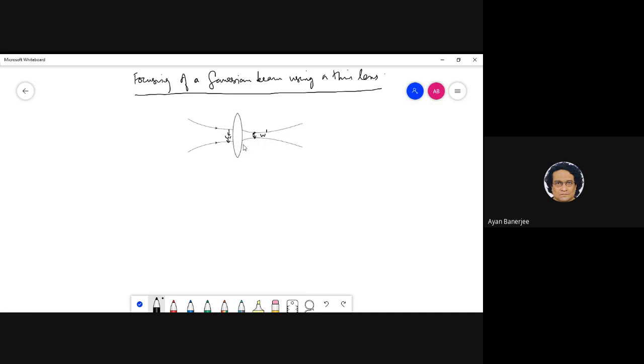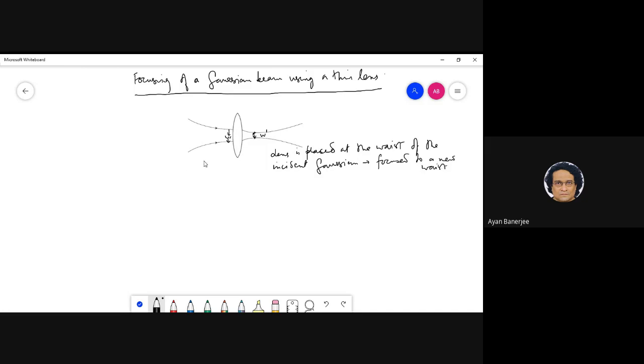I understand that this is a famous result, you know how it will go, but let us try to derive that. I will leave most of this derivation to you today, because unless I do that, you're not practicing at all. So the lens is placed at the waist of the incident Gaussian, and it is focused to a new waist.